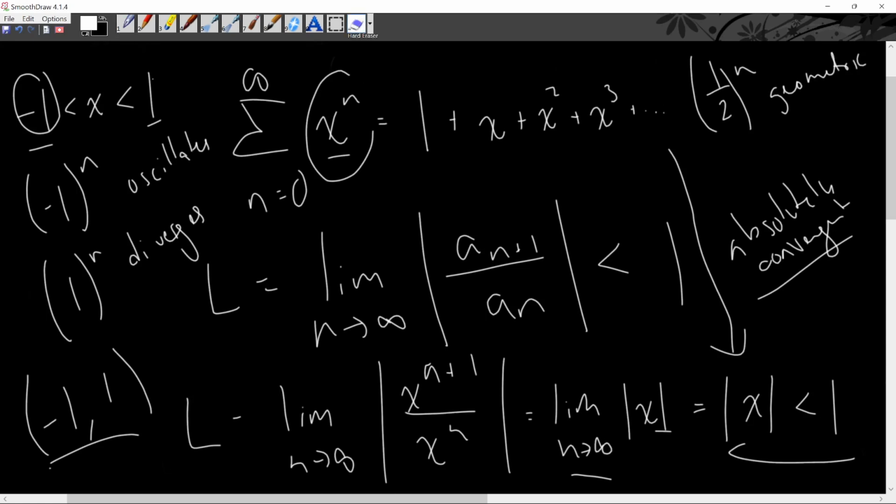So what this radius of convergence is saying is that if you have a fraction whose absolute value is less than 1, then this series will converge, which is what we know about geometric series. So yeah, I think that's really cool.